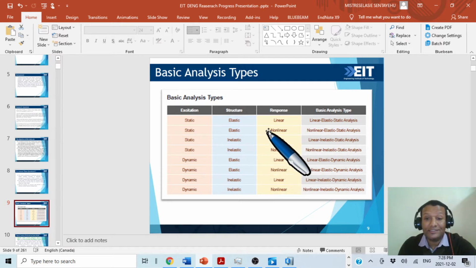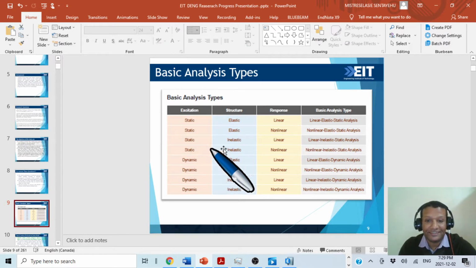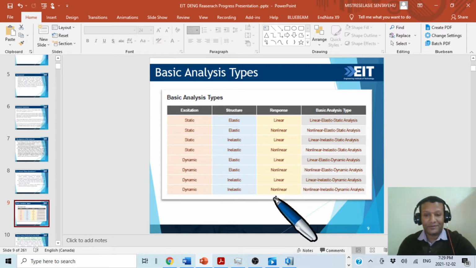the first one is linear static analysis. Then we have nonlinear dynamic analysis, and we also have nonlinear static analysis. This is what we are going to do.